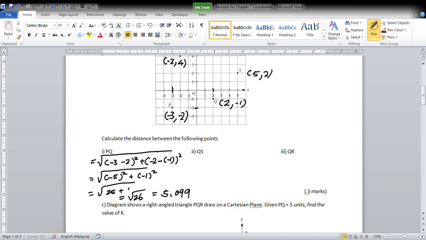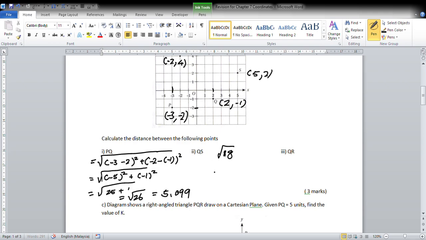That is for question 1, PQ. And for questions B2 and B3, which are QS and also QR, just substitute the points, take these 2 points, and do the same method, and you're going to get the answer. For B2, the answer is square root of 18. Don't give me only a final answer, I want the steps.